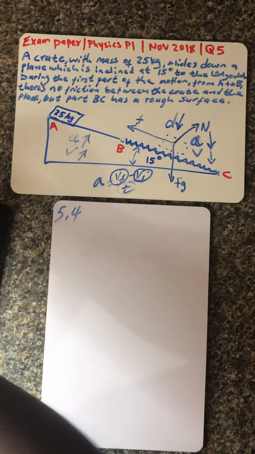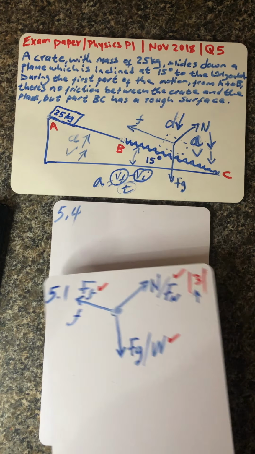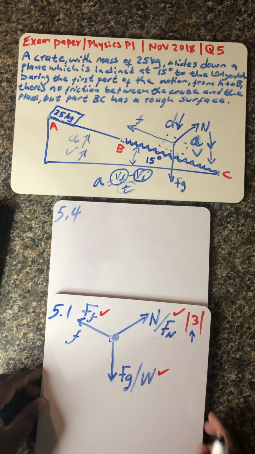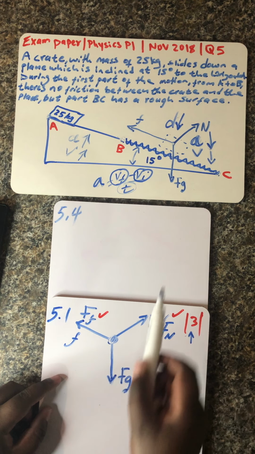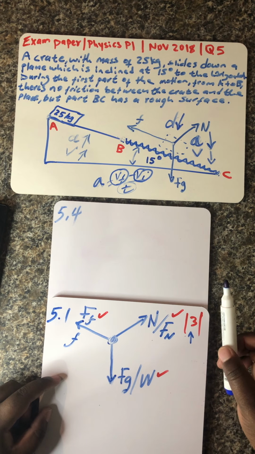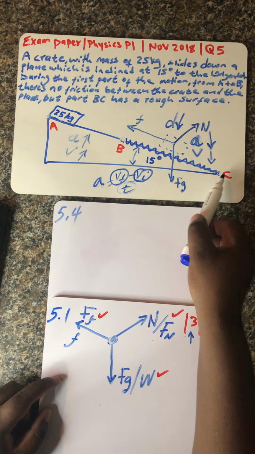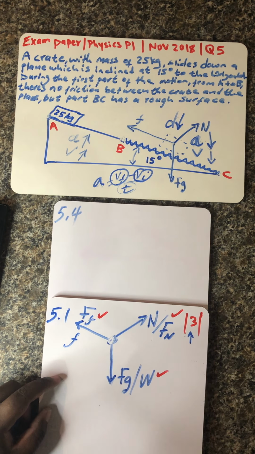I think this is where I need to show you this. Remember, guys, we've just indicated that when this object is moving between B and C, these are the forces acting on that object.